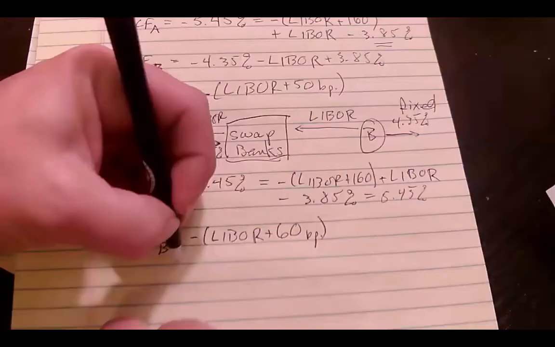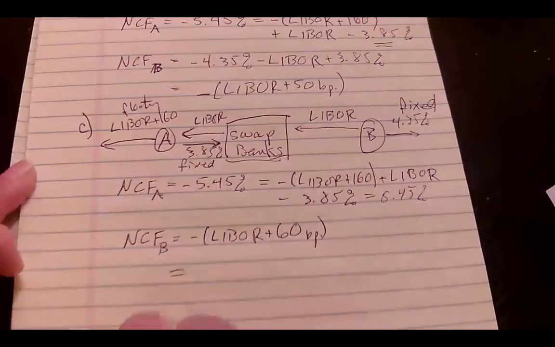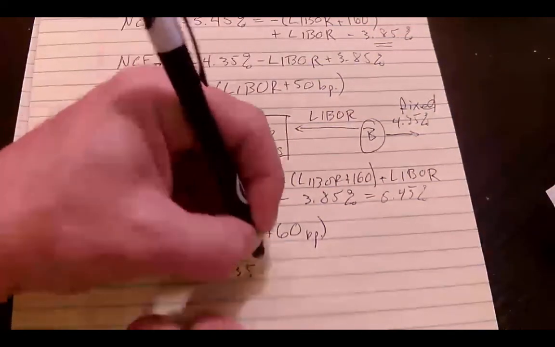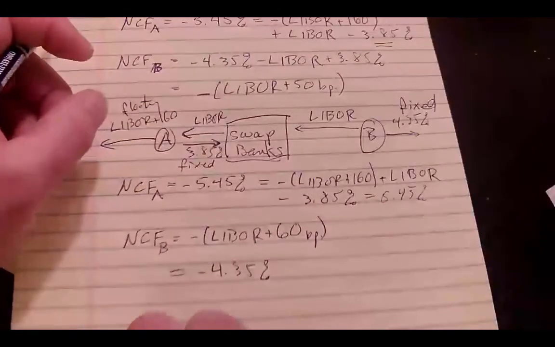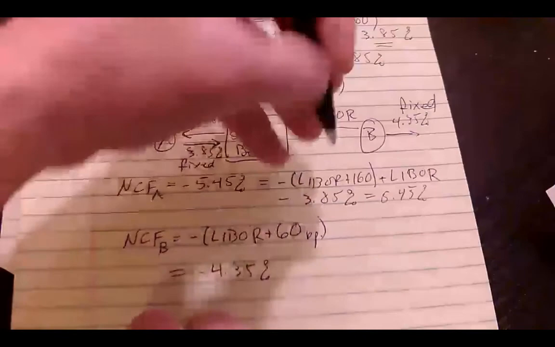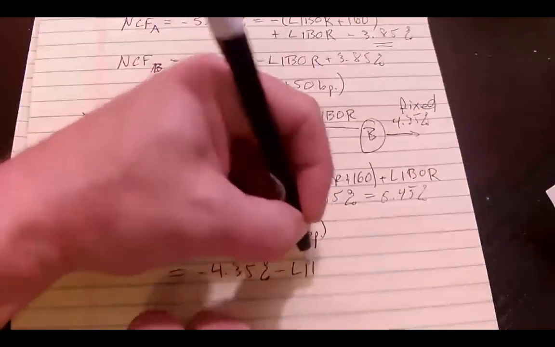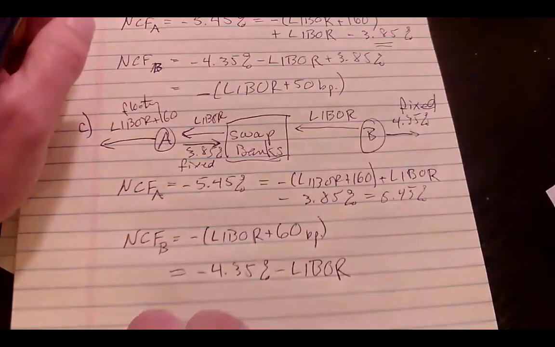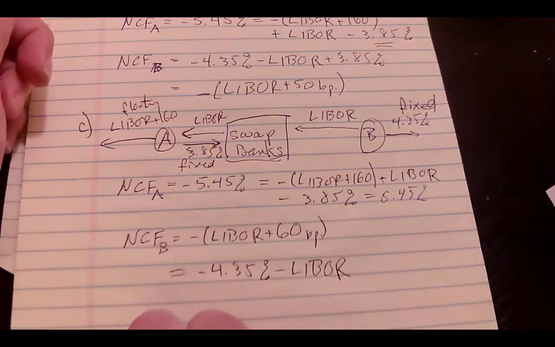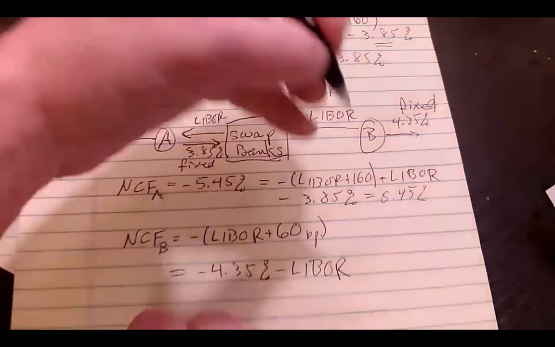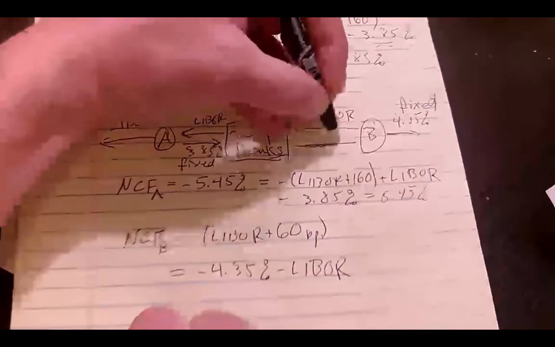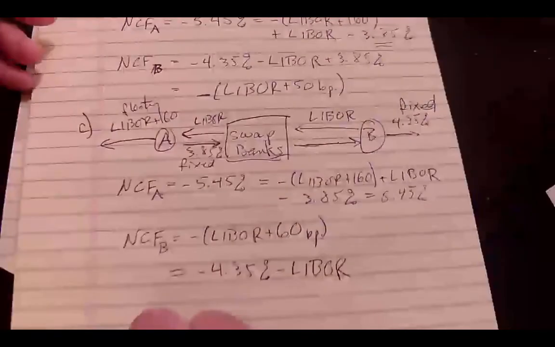So that must be equal to what B's already paying, 4.35 fixed, right? And they're paying LIBOR to the swap bank in their swap contract, so minus LIBOR. And they're going to receive whatever it takes to get to LIBOR plus 160. So, I'm sorry, receiving, not paying. They're receiving from the swap bank a fixed payment, which we don't know yet.